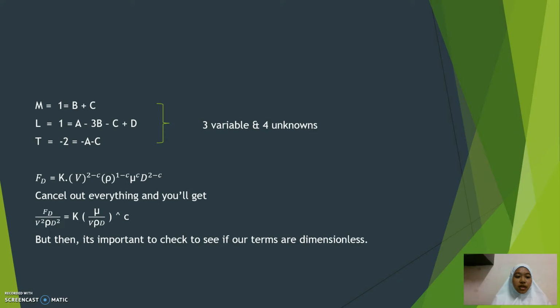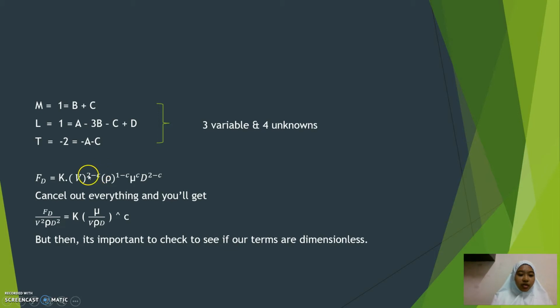L: 1 equals a minus 3b minus c plus d. T: negative 2 equals negative a minus c. So we have three equations and four unknowns. Three dimension variables, which is M, L, T, and four unknowns, which is a, b, c, d.